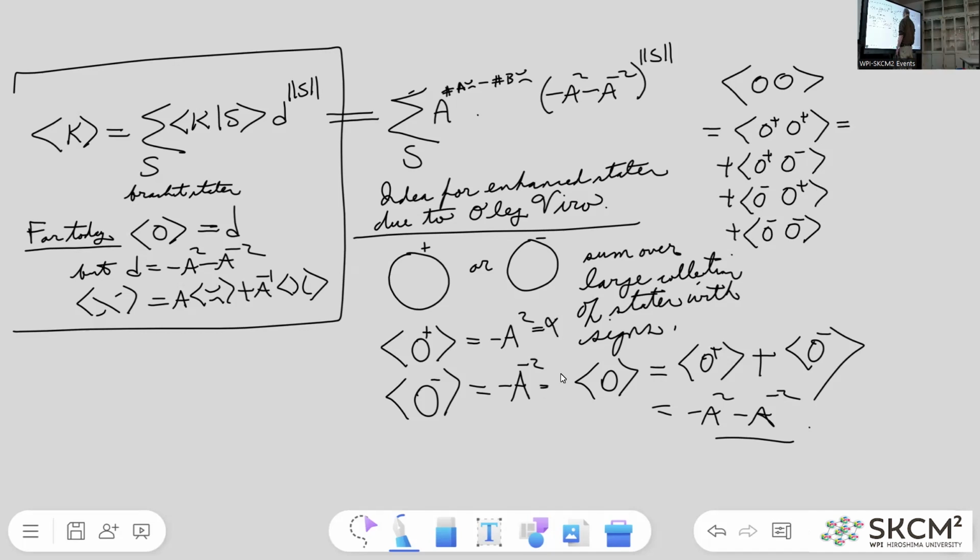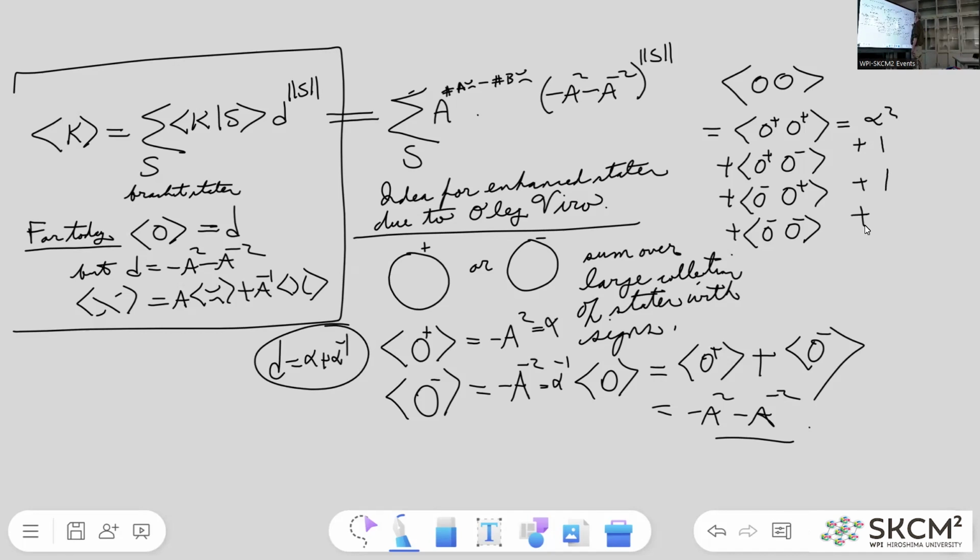This then is alpha inverse. And then the D is alpha plus alpha inverse. So then I'm going to get alpha squared plus 1 plus 1 plus alpha to the minus 2. And that, of course, is exactly alpha plus alpha inverse squared. So it's going to work exactly right.